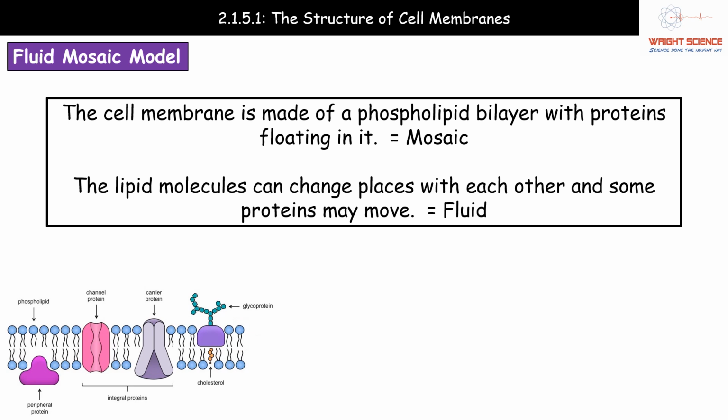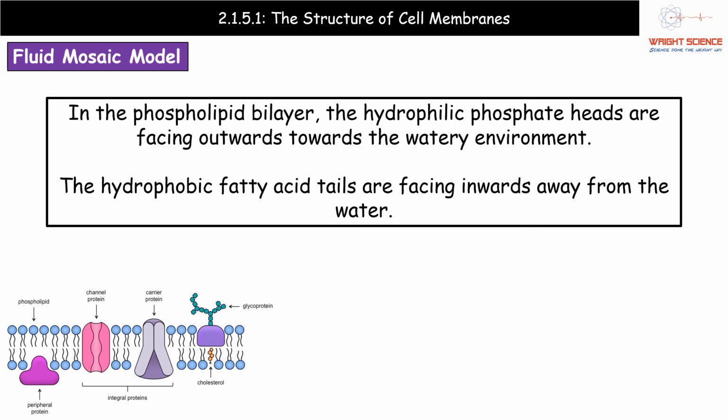So we've got these various components coming together to make this overall structure. So it's a mosaic. And then the fluid part, because we've got the ability of these lipid molecules to move around each other, and even some of those proteins have certain elements of movement, then it's fluid, because fluids are able to flow and move from one place to another. So we term this the fluid mosaic model of our membranes.